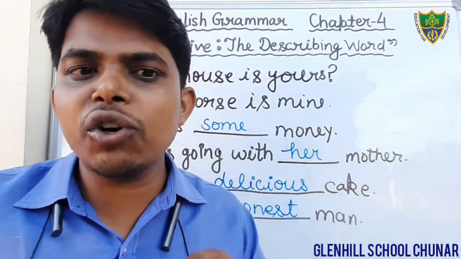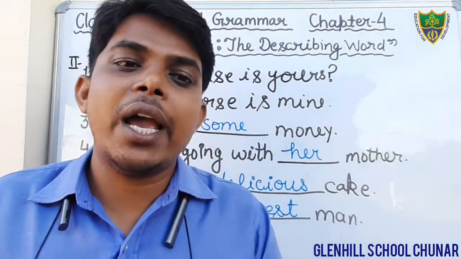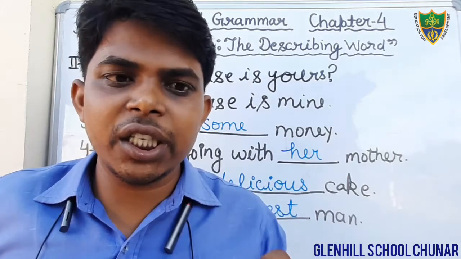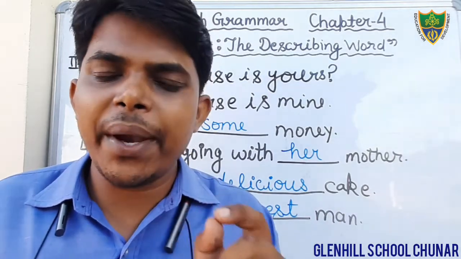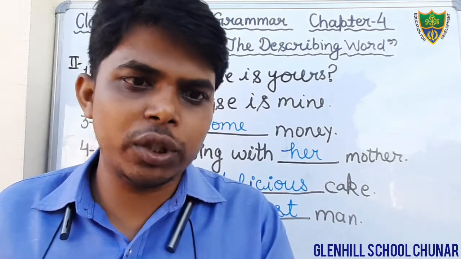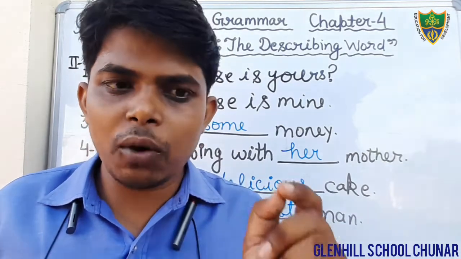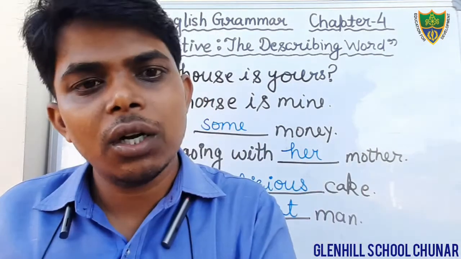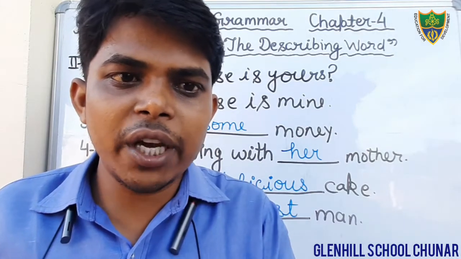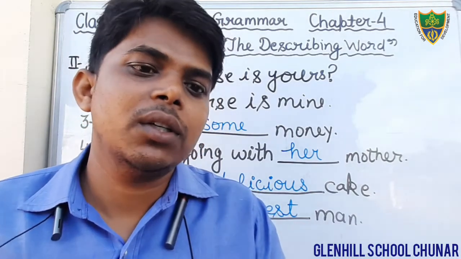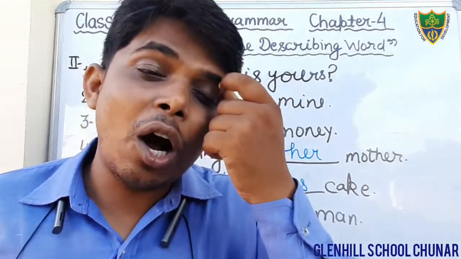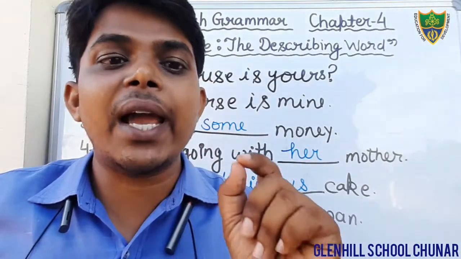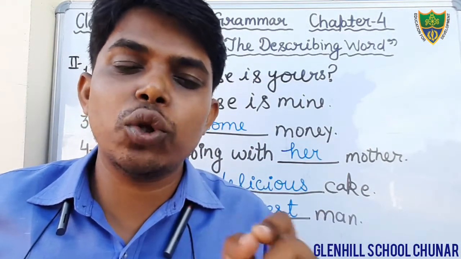In the superlative degree, I have told you that we compare one thing with more than two things. We compare one person with more than two people. And how do we form the superlative degree? By adding est to the positive degree.